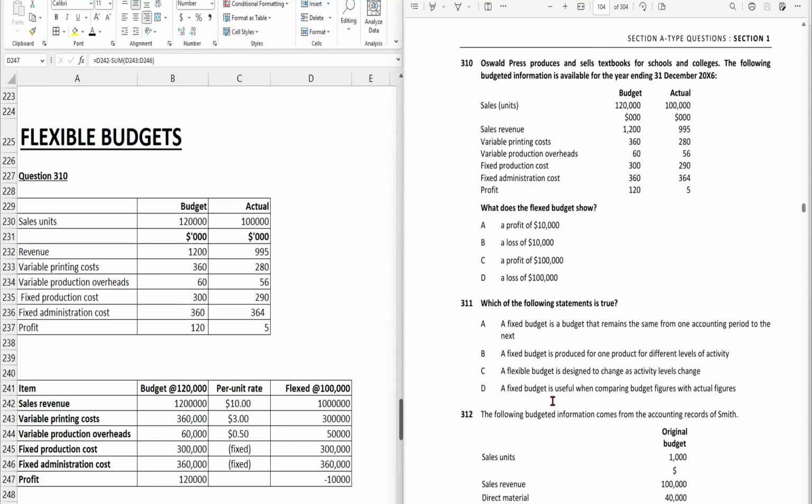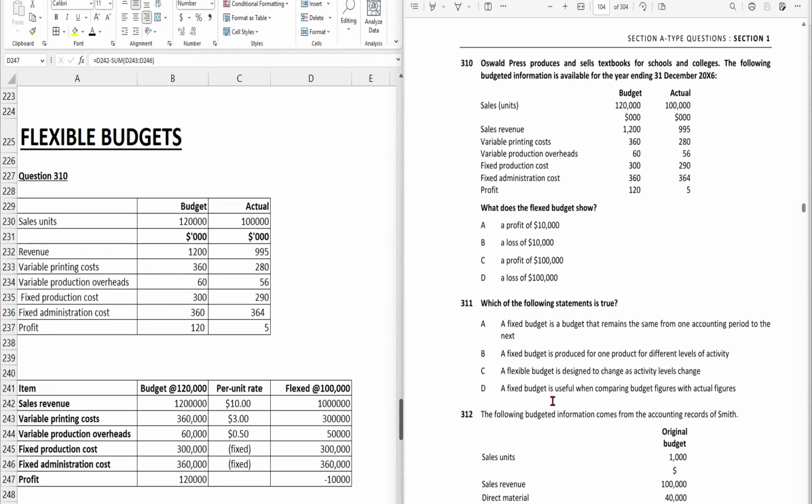That is question 311, and the question says, which of the following statements is true? The first one is, a fixed budget is the budget that remains the same from one accounting period to the next one. So it's incorrect. Why? Because this statement is describing our static budget, not a fixed one.